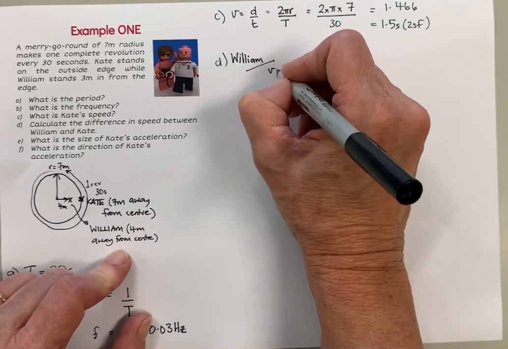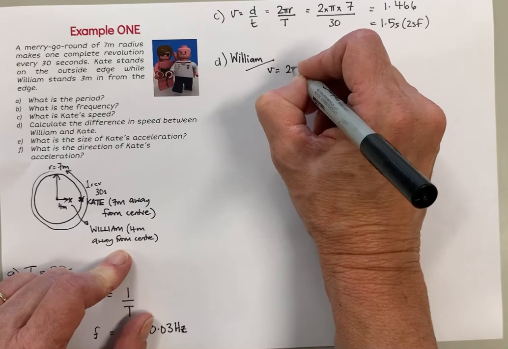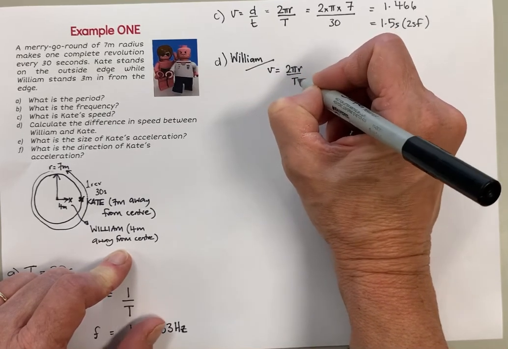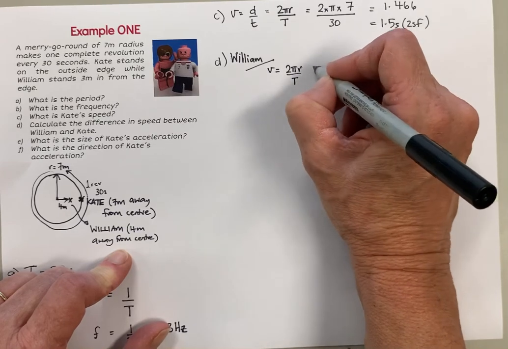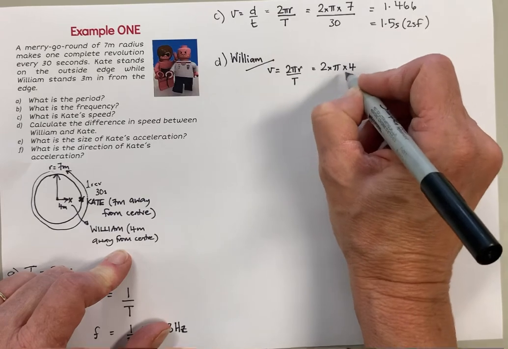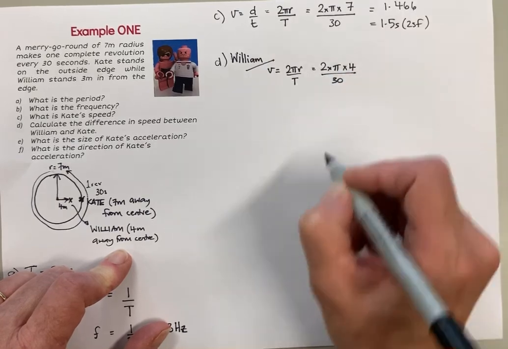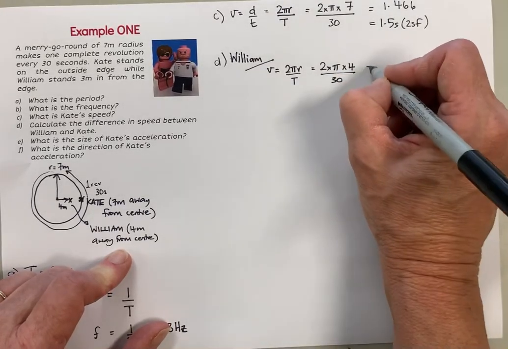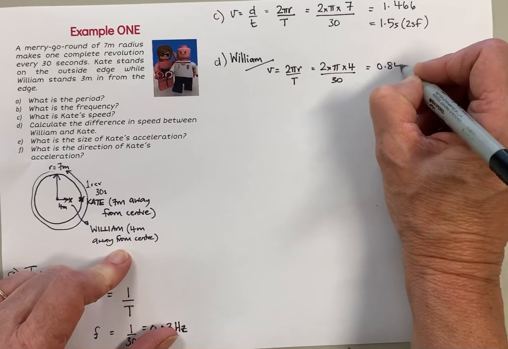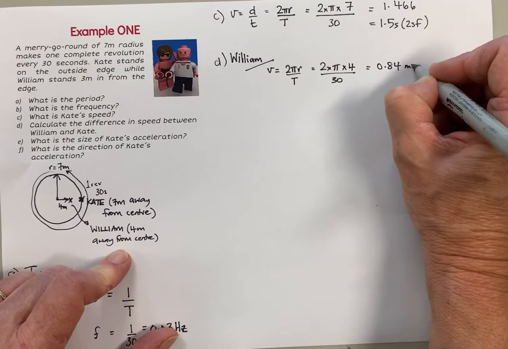So his velocity is going to be, again, 2 pi r over T. That's going to be 2 times pi times 4, because he's 4 meters away from the center. And he's still going to take 30 seconds to do 1 revolution. That comes out at 0.84 meters per second.